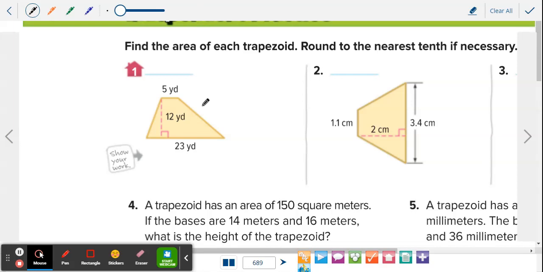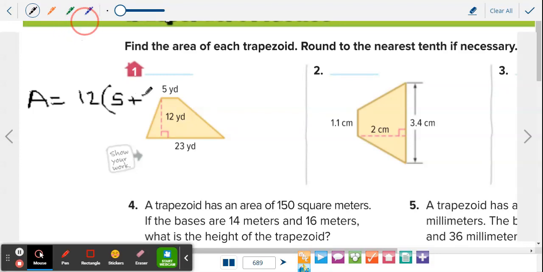All right, so number 1, they want to find the area of each trapezoid, round to the nearest tenth if necessary. So once again, area equals, what's our height? 12. Now remember, height is usually alongside that pink dotted line. That's showing height. Okay, what's base 1? 5.